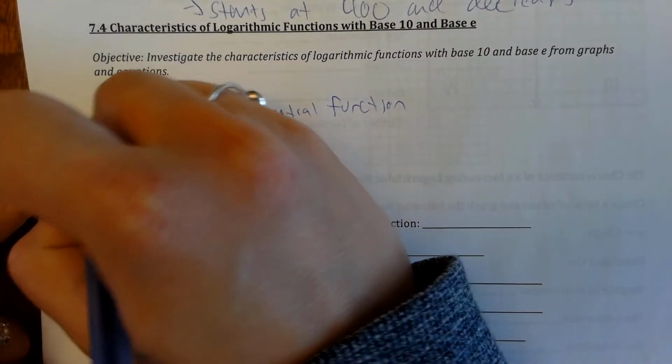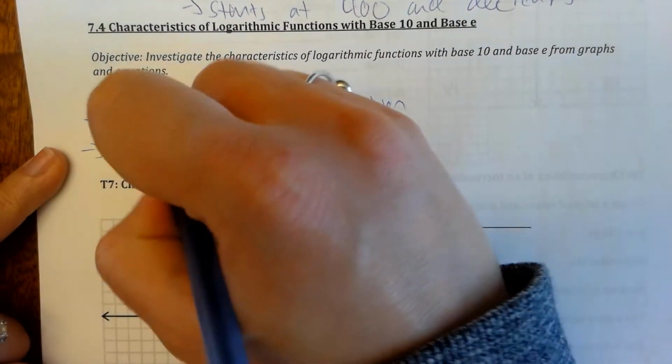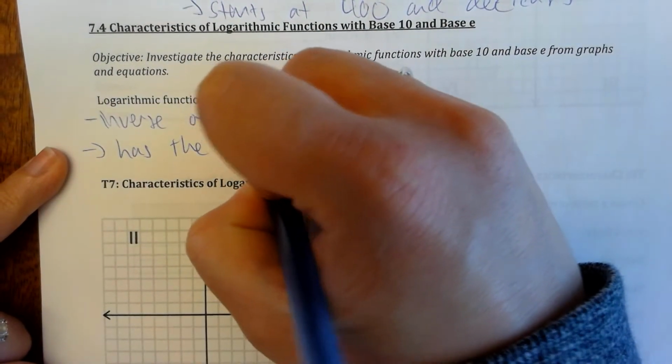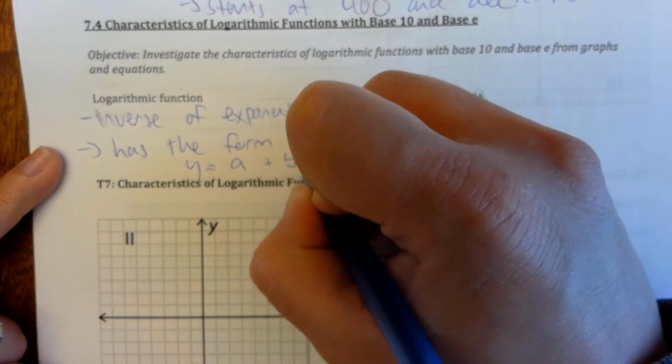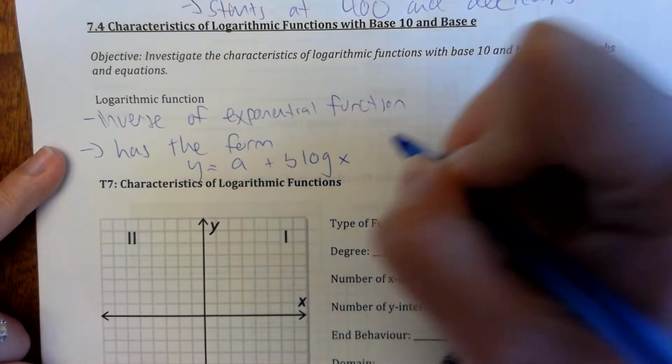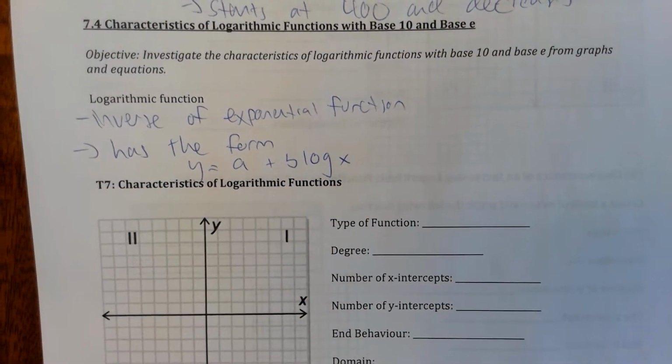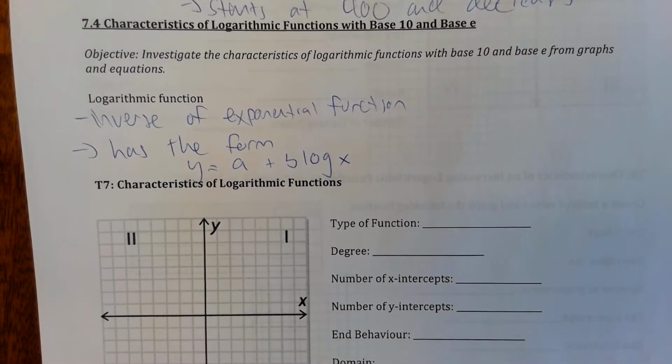It has the form y equals a plus b log x, where that a and b value show you how quickly it increases or decreases. I'll just show you some characteristics about it.